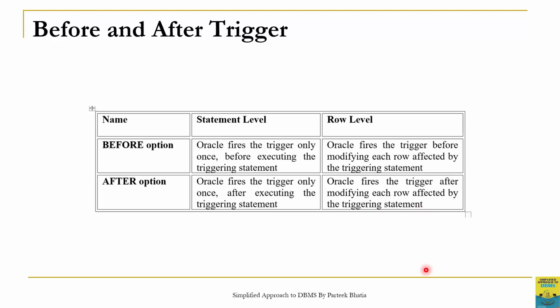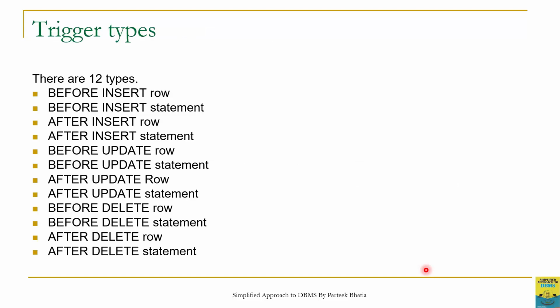We have already discussed that there are three triggering events, that is insert, update and delete statements. So it makes a total of 12 types of triggers. The final 12 types of triggers are before insert row level trigger, before insert statement level trigger, after insert row level trigger, and after insert statement level trigger.